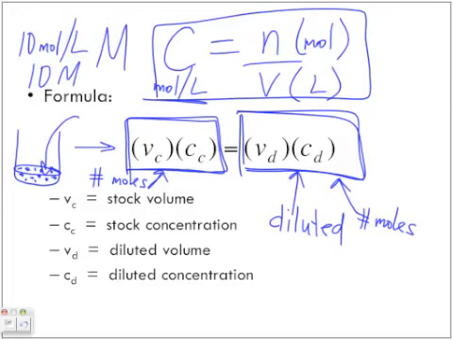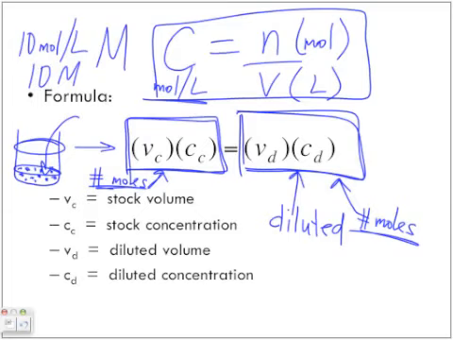Whatever amount we have, we continue to add material to it, but we're not adding the actual stock solution material. We're adding something that will help us dilute it. We're so-called weakening our solution, but the number of moles is going to be equal, whether it's the stock solution, the concentrated form, or whether we've diluted it. That's why the letter n is not in this equation.